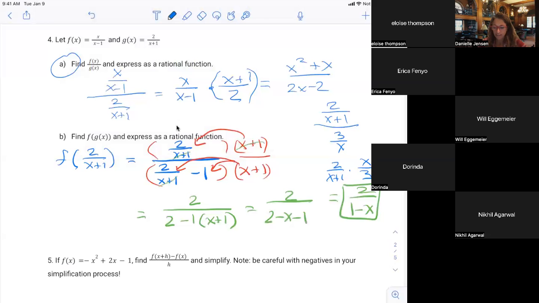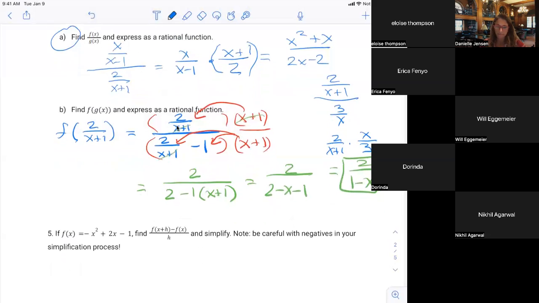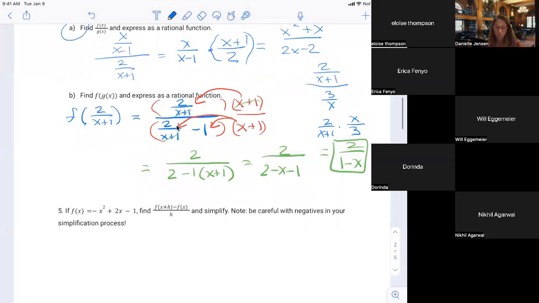What if I asked, so let's go back to B. What if I asked you what the domain of that composition was? So think about if I had asked what the domain of f of g of x is. Think about what you would tell me.